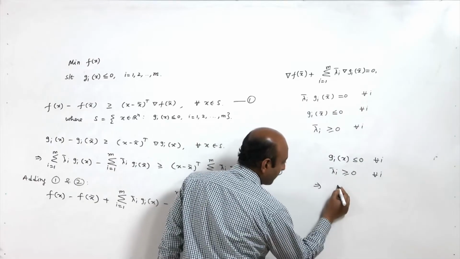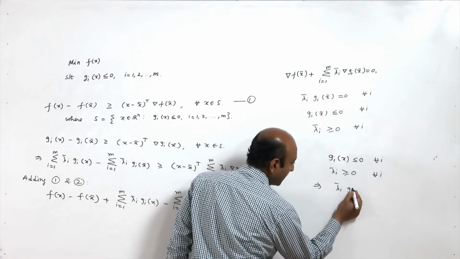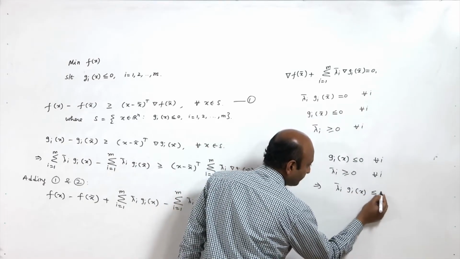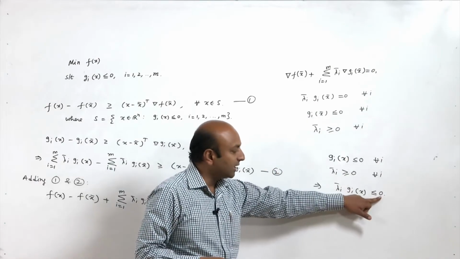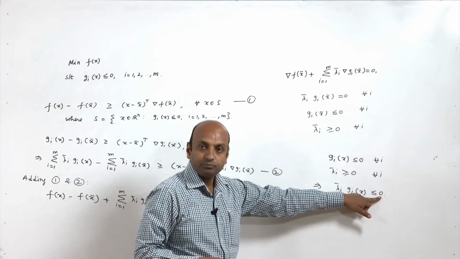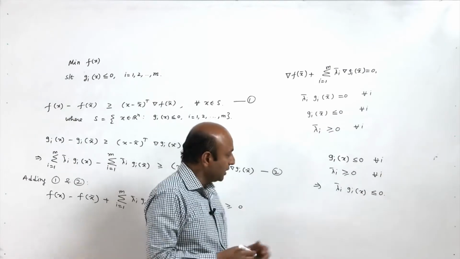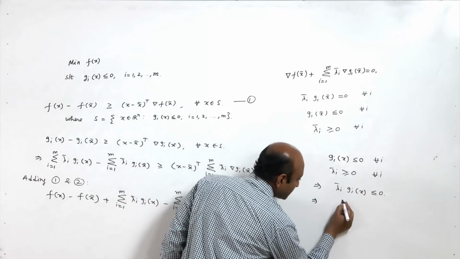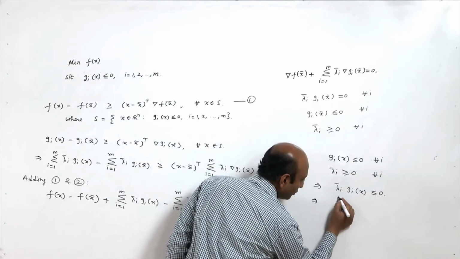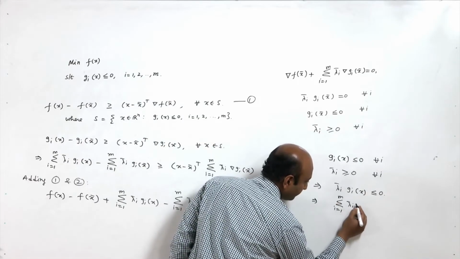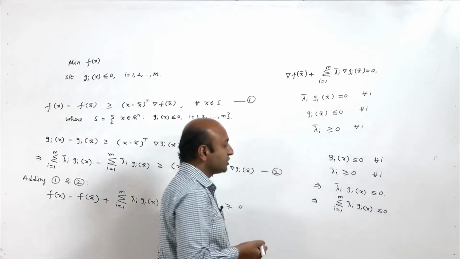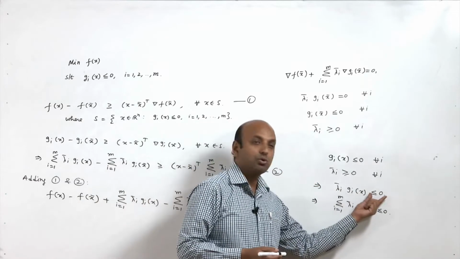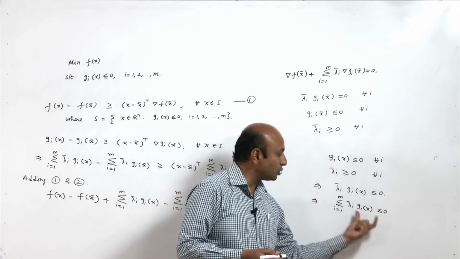This implies lambda i bar into g_i(x) is less than or equal to 0. Non-negative times non-positive, the product is always non-positive. So, this implies the sum is also less than or equal to 0, because each term is less than or equal to 0.